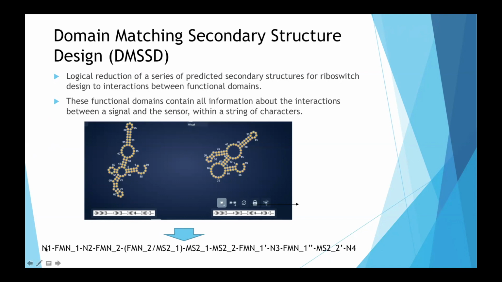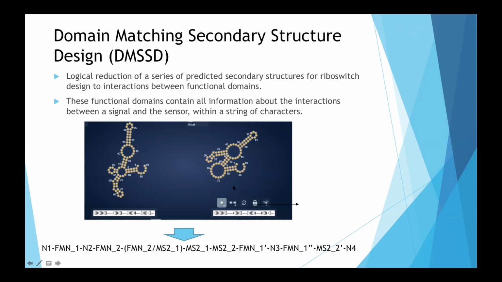First being the N1 domain, the FMN1, FMN2 domain, which is represented by these sequences and their adjacent helices. A shared FMN2, MS2-1 domain here and here. The MS2-1 domain, the MS2-2 domain, an FMN1 prime domain, which I believe is this. And then you have this N3 sequence, which is essentially just unpaired bases.